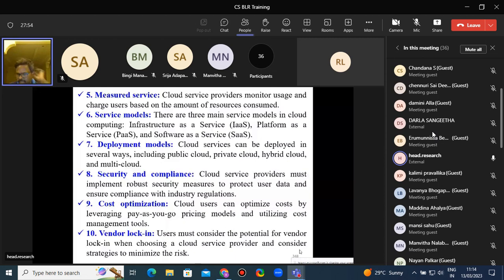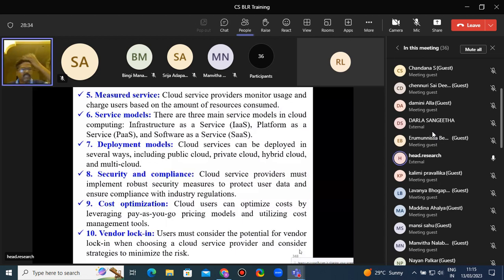Deployment model. Cloud services can be deployed in several ways, including public cloud, private cloud, hybrid cloud, and multi-cloud. Security and compliance. Cloud service providers must implement robust security measures to protect the user data and ensure compliance with the industry regulations. Here we are performing three types of security, like data security, network security, and host security.